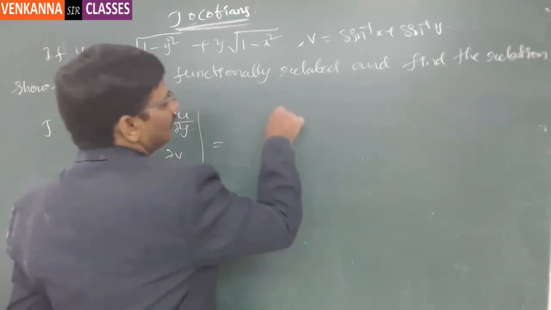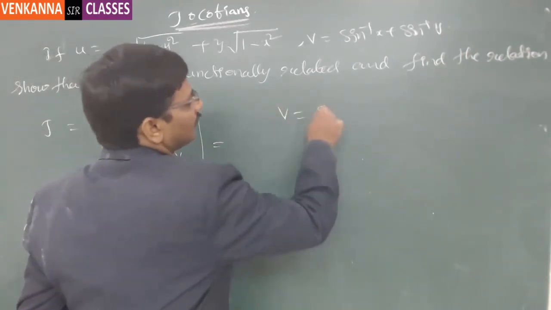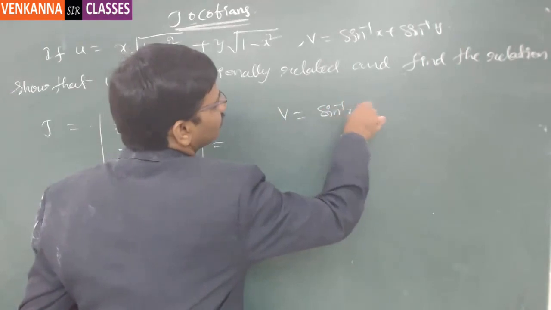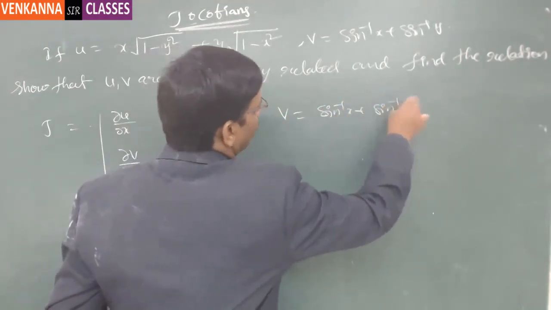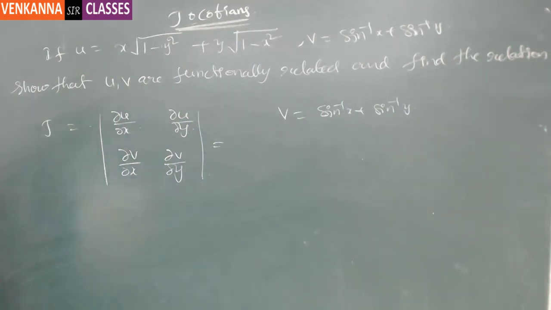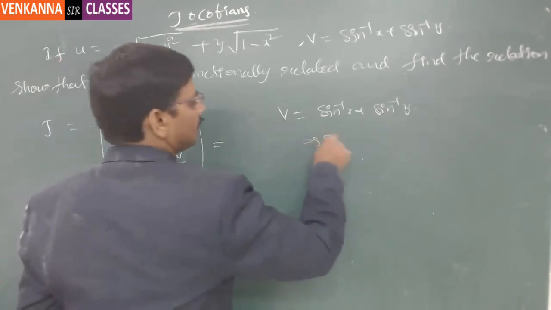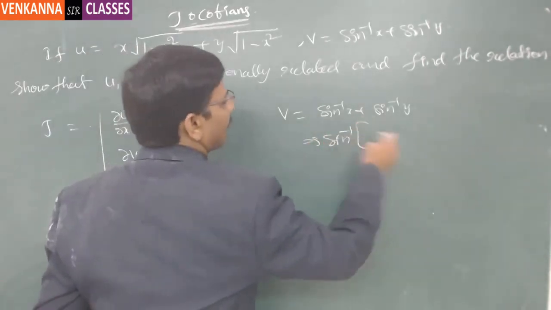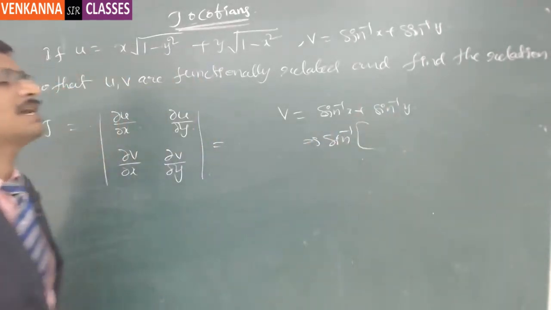So this is v is equal to sin inverse of x plus sin inverse of y, right? So this can be written as sin inverse of x plus sin inverse of y.